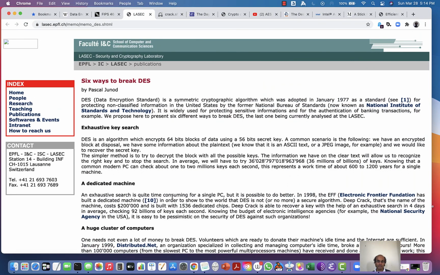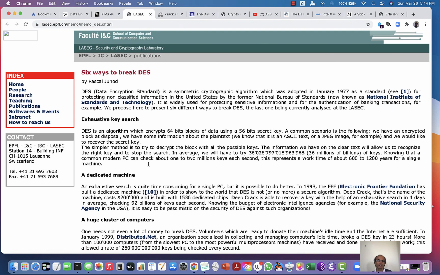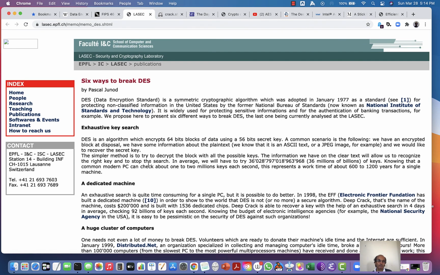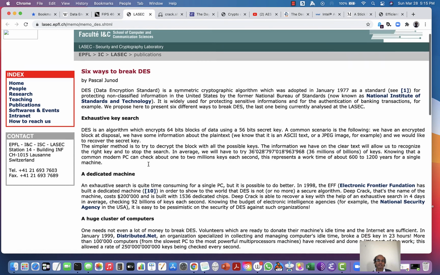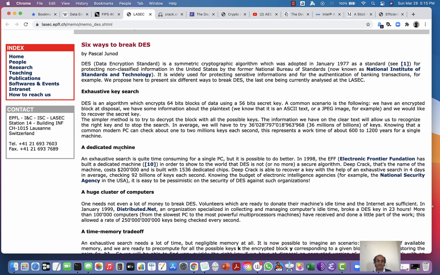So it's interesting to look at how all this plays out in popular discussions on the internet. Here's a nice little article summarizing ways to break DES. It tells you about exhaustive key search, about these dedicated hardware machines. It discusses in more detail the Electronic Frontier Foundation effort and how they built Deep Crack, which cost about $200,000 and had 1,536 dedicated chips.